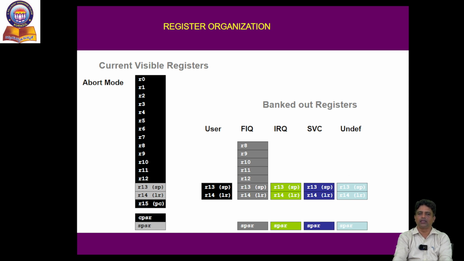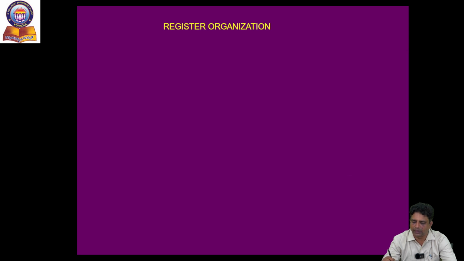If we take an inside look at this register bank, what we see on the screen is a set of 16 registers, then a CPSR and SPSR arrangement of the register set. What do the other names on the screen mean?